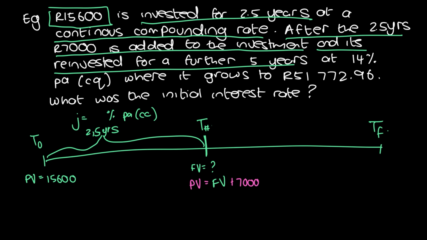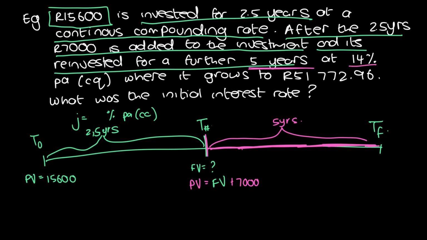And it's going to occur at the exact same time as when part 1 ends, part 2 takes over. So this part of the timeline is the pink part to indicate part 2. And this one is going to take 5 years. So it's reinvested for 5 years.